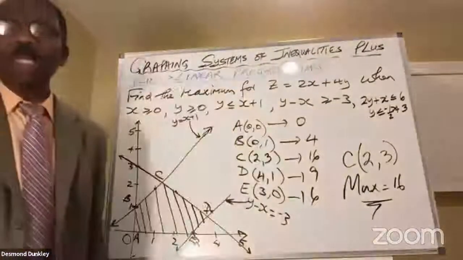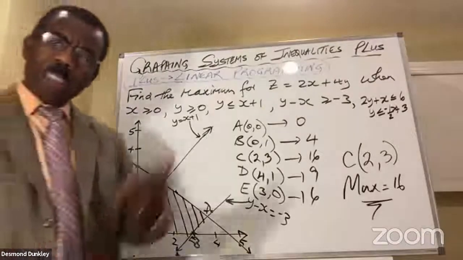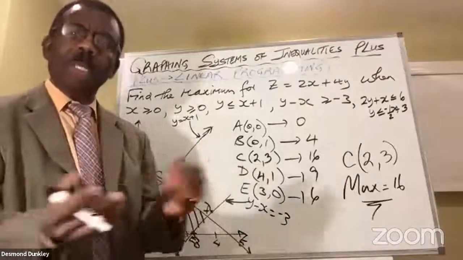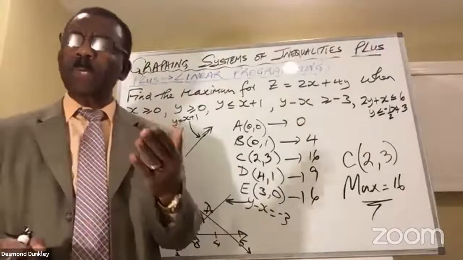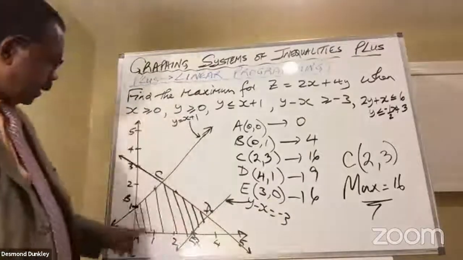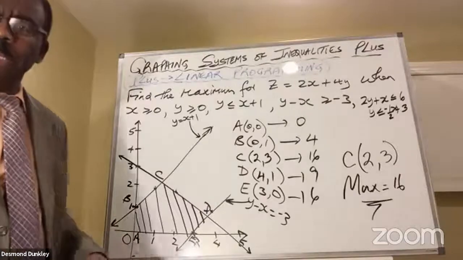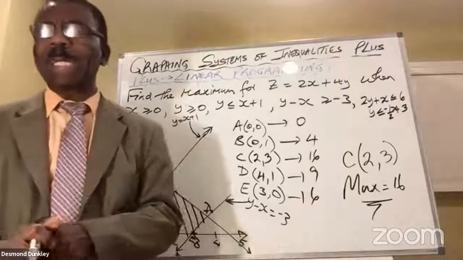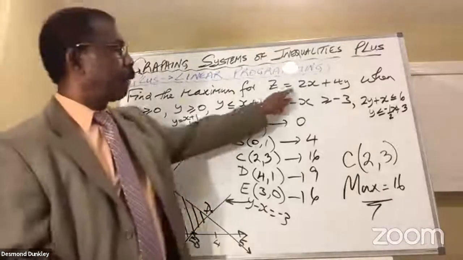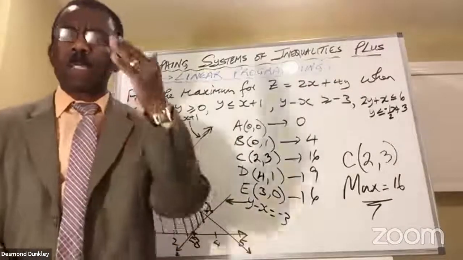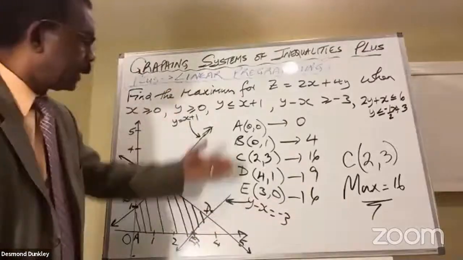So welcome to the world of linear programming that incorporates inequalities or systems of inequalities. And we have obtained a maximum. In other situations where the graph doesn't have a vertex at the origin, you will find that you can get a minimum that is not 0. It all depends on what function you're calculating. But the process to get a minimum is the same.